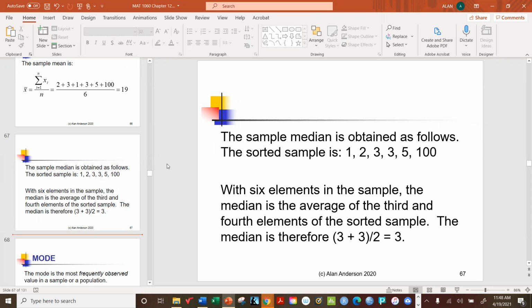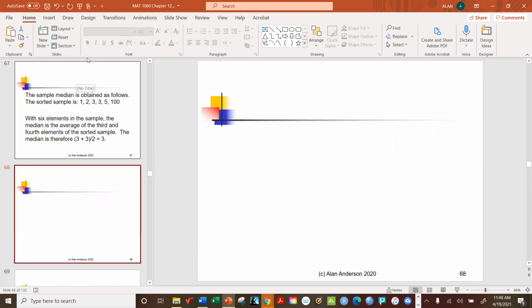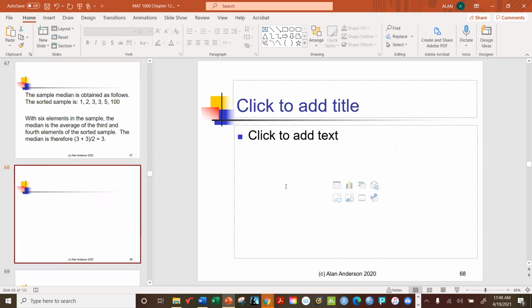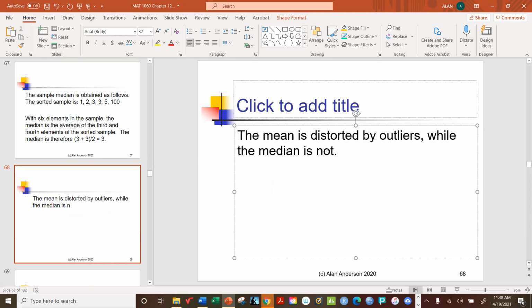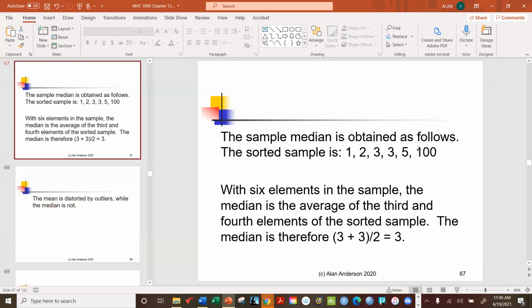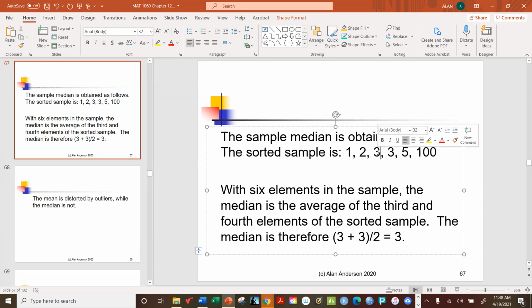So the bottom line here is that the mean is distorted by outliers, while the median is not. In fact, if you look at this very carefully, this 100 could be any number. It could be 1,000, it could be 1,000,000, it could be 1,000,000,000, and yet the median is still 3.